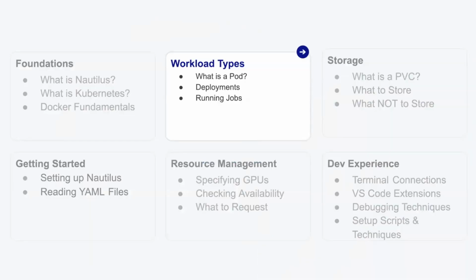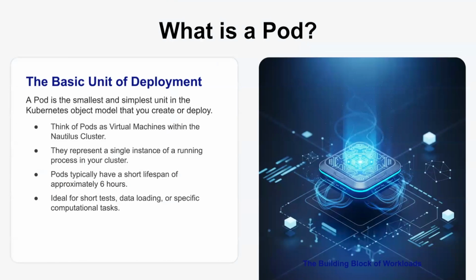So next we'll talk a little bit about what is a pod, what's a deployment, and what's a job. I know these photos are just AI generated, so just ignore them. I didn't have time to replace them with good ones. So yeah, what is a pod? A pod is essentially your Docker container.